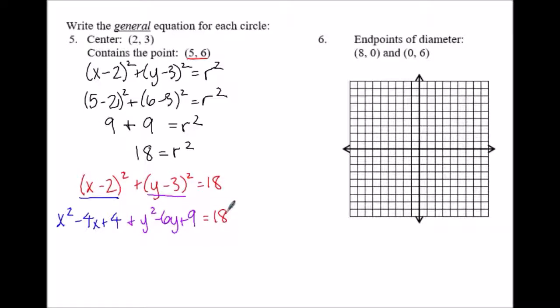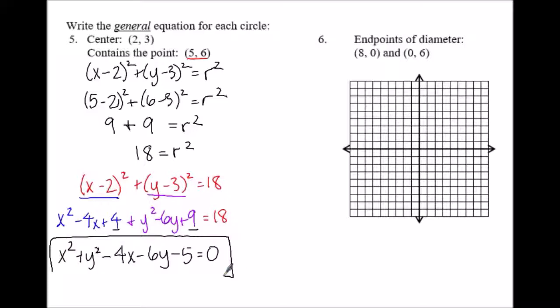So when I combine my like terms and set it equal to 0, I end up with x squared plus y squared minus 4x minus 6y plus, this would give me 13, and if I subtract 18 from both sides, I get minus 5 equals 0. So that would be my general form equation.